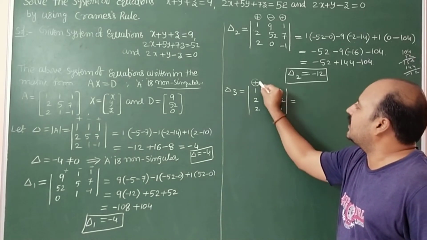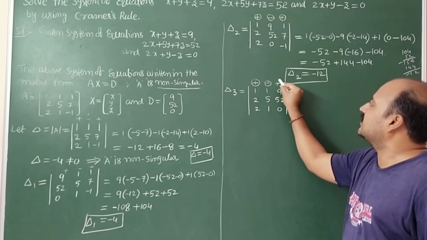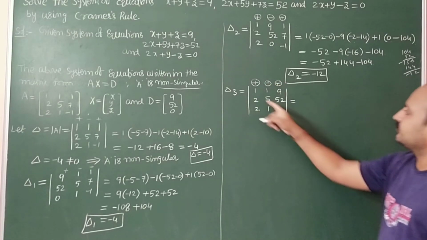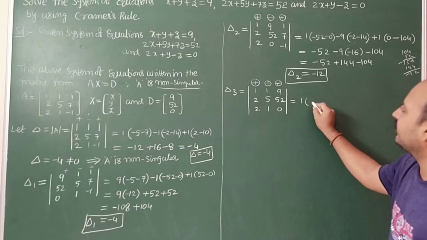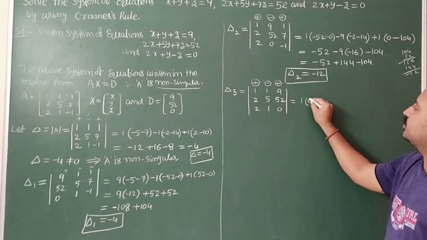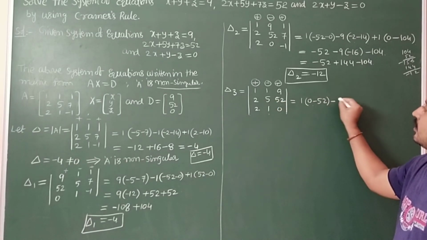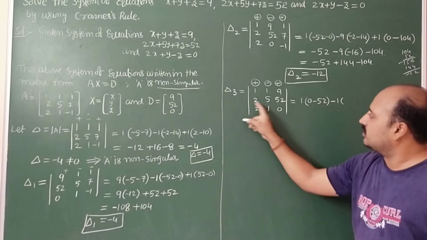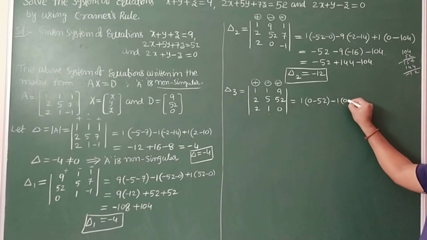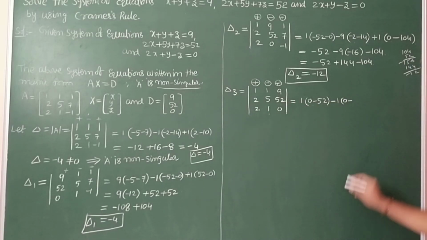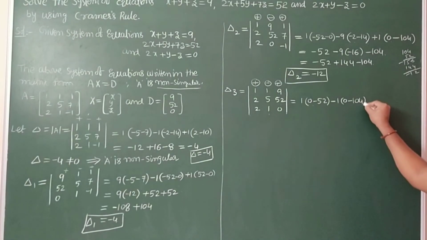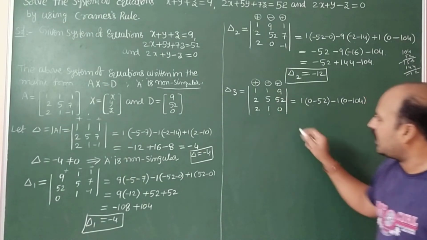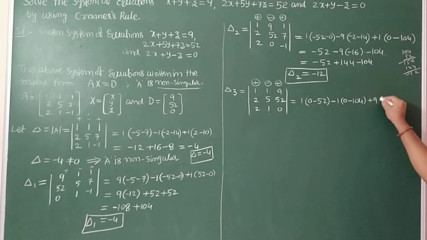So again plus minus plus: 1 into 0 minus 52, minus 1 into 0 minus 52 into 2, which is 104.